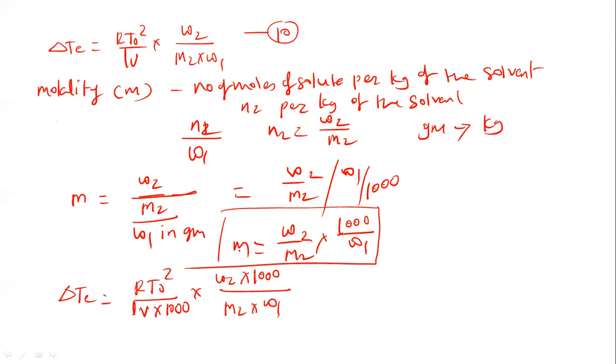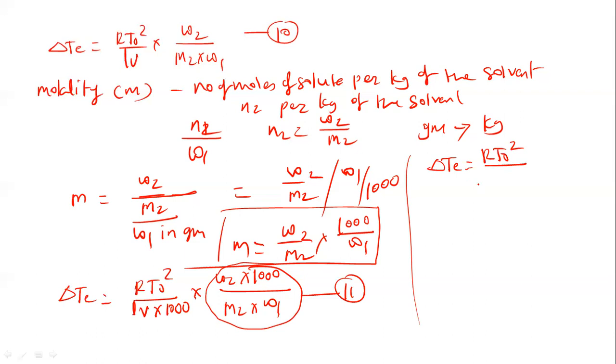So you can see molality is equal to W2 into 1000 divided by M2 into W1. So this is nothing but the molality. This is equation 11 here. So we can write now, substitute molality here. So delta TE is equal to RT0 square divided by LV into 1000, multiplied by molality. So in this way we can introduce the term molality here.